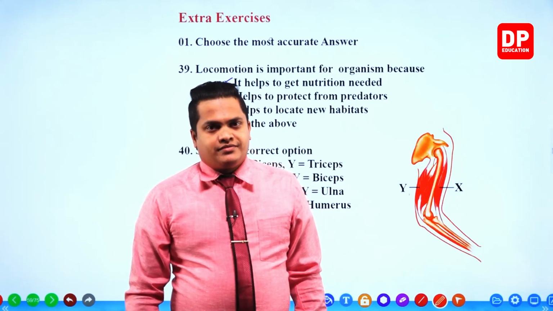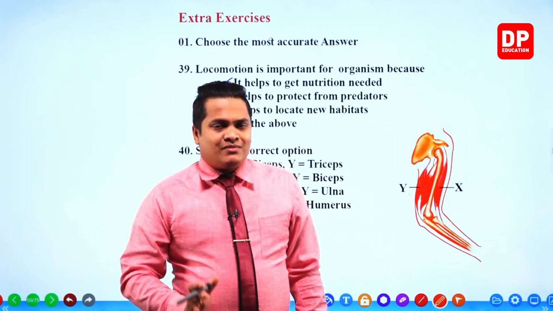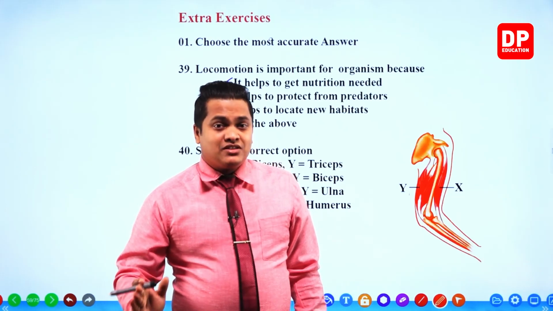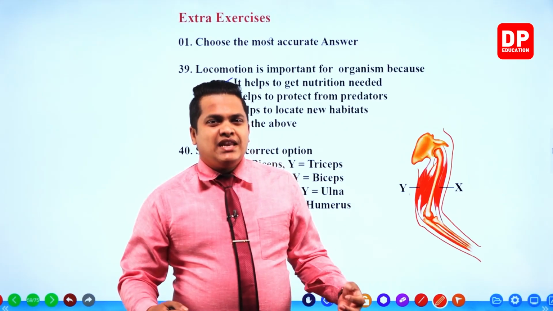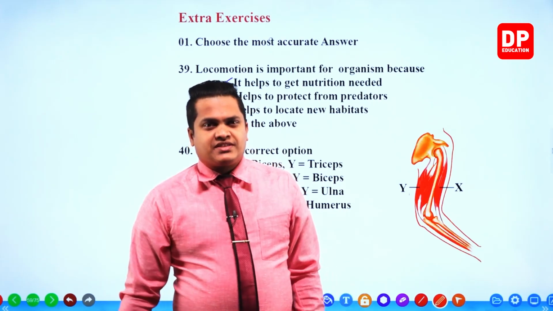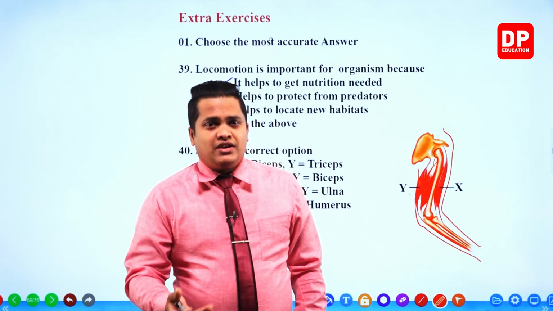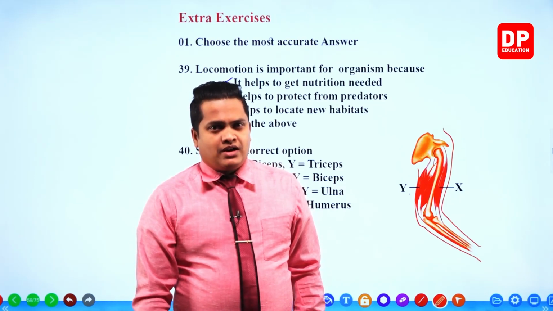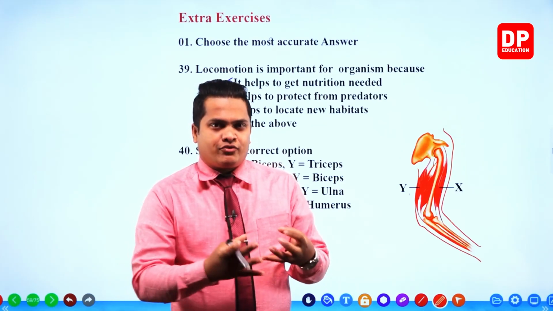So my dear children, for the nutritional requirement in each and every animal, especially in animals, right? You know that animals are heterotrophic organisms. So we depend on the food produced by the other ones, especially autotrophic organisms like plants. So we have to find our food. We have to find our nutrition.